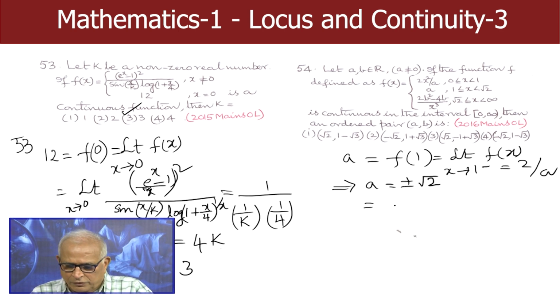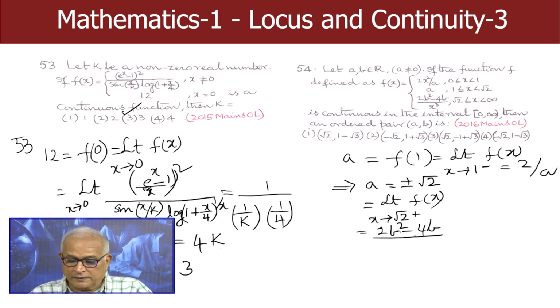and that is also equal to the limit of f(x) as x tends to √2 plus. As x tends to √2 plus, this is 2b square minus 4b by √2 cubed.